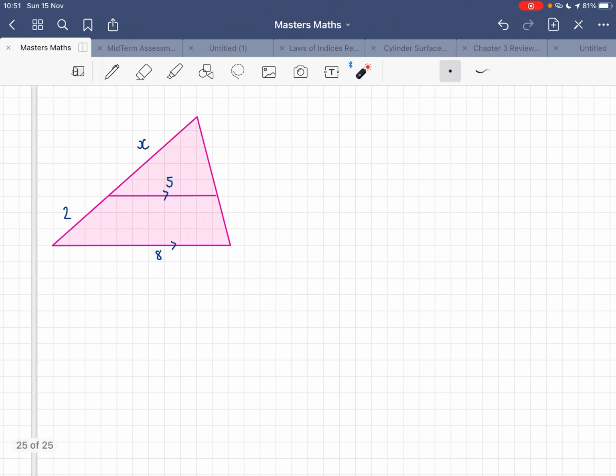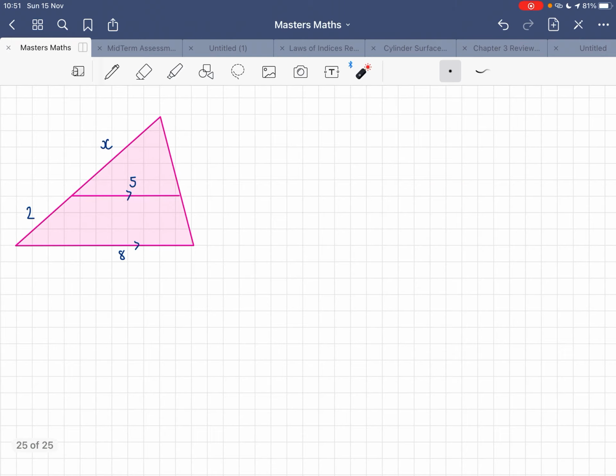Okay? And then the last question, this one gets again a little bit trickier because of where the x is. Okay, so if I draw out the two triangles that I'm working with, I'm going to do the smaller one first because that's easier. This is 5, and this is x. So the x is what I'm trying to work out.